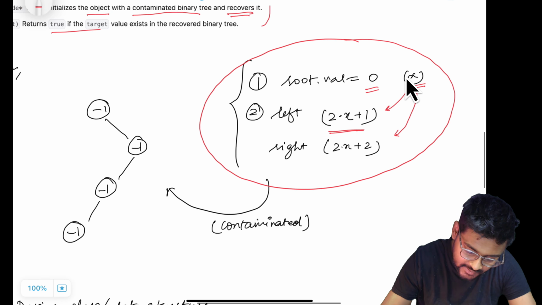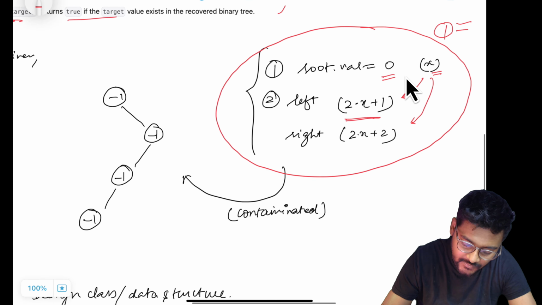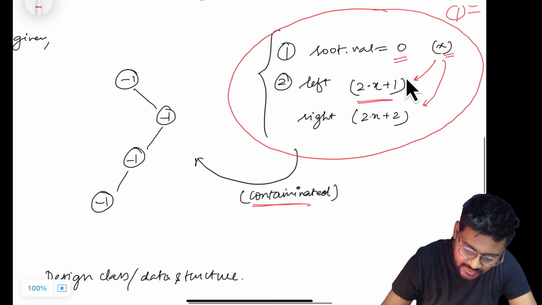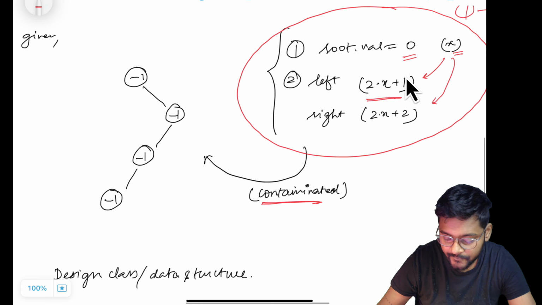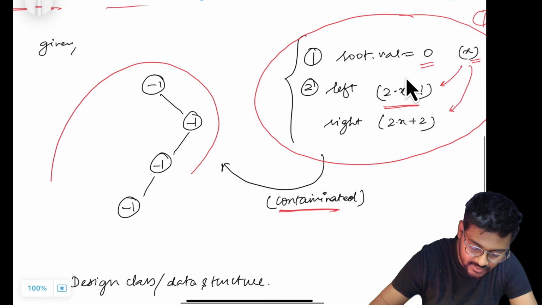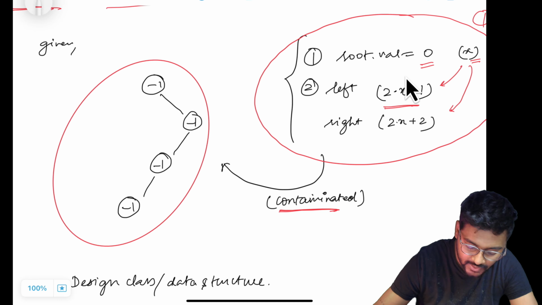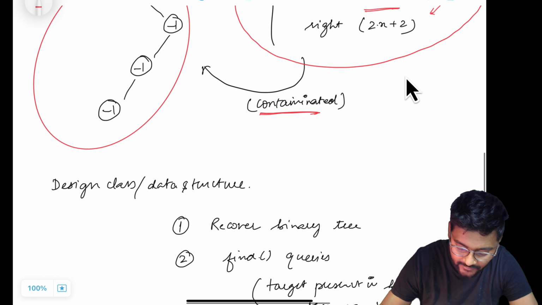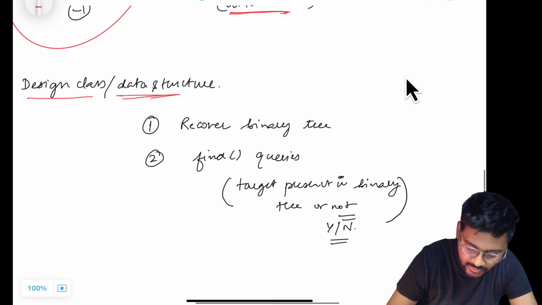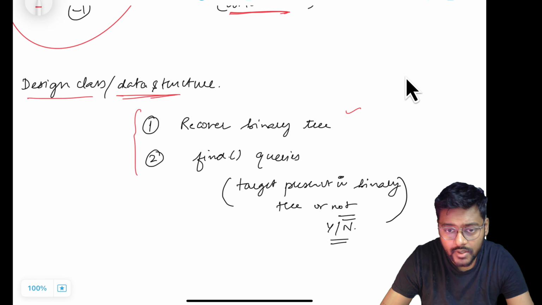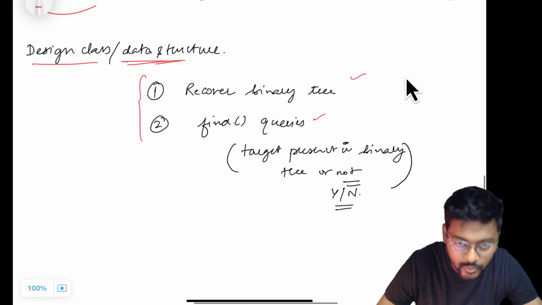Then something happened and this tree got contaminated and every value was converted to -1. Now we have to design a class, or a data structure, which is going to firstly recover the binary tree and secondly answer our find queries. That's all about the problem statement.